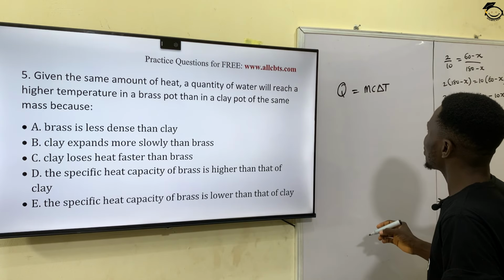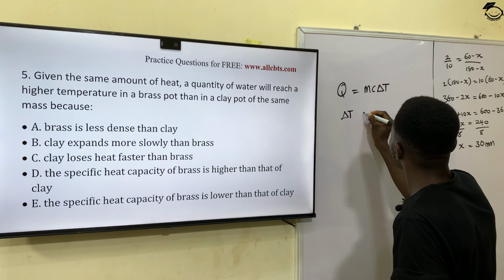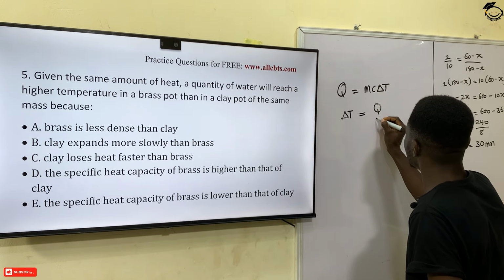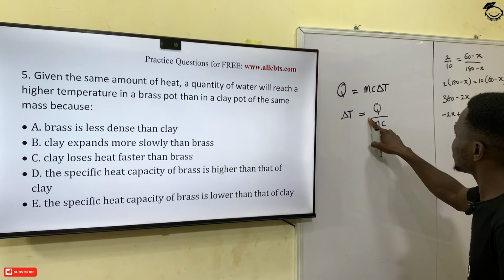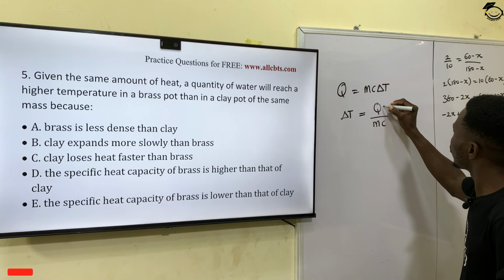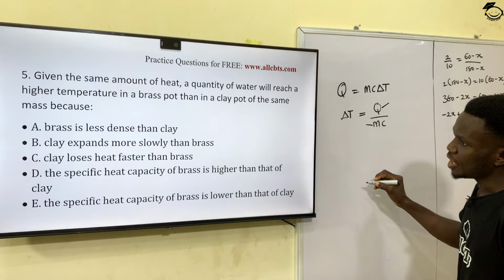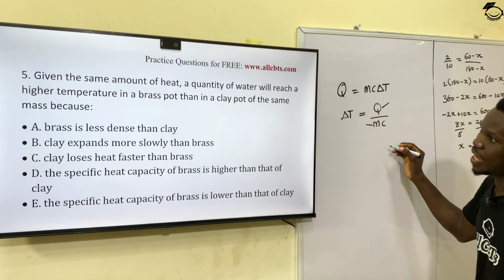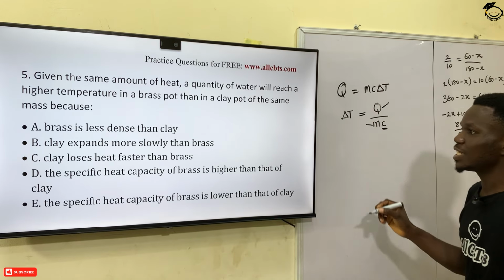So my change in temperature is equal to quantity of heat over the mass times the specific heat capacity, which means that if they have the same quantity of heat and the same mass, the only determining factor, where one will have a higher temperature than the other, is the specific heat capacity.